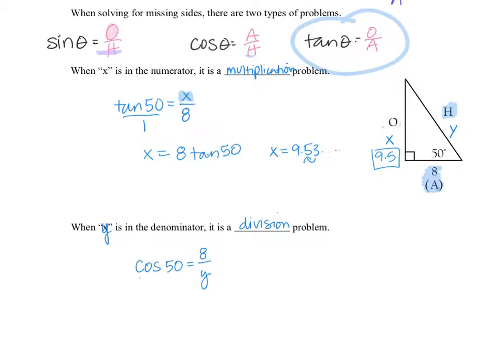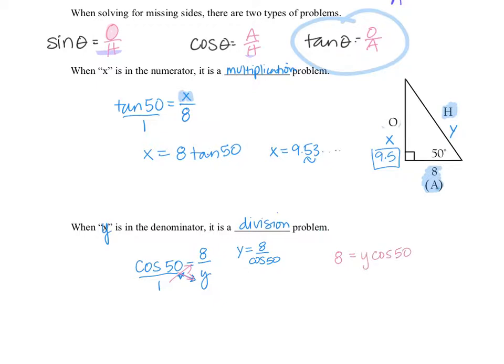I'm going to multiply this out the long way once, but I choose to memorize that when you have this situation, these two are going to switch places so that you get 8 divided by cosine 50. But let's multiply it out. We're going to do 1 times 8 is 8. Cosine 50 times Y will be Y cosine 50.